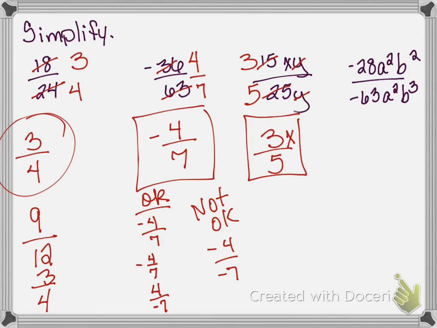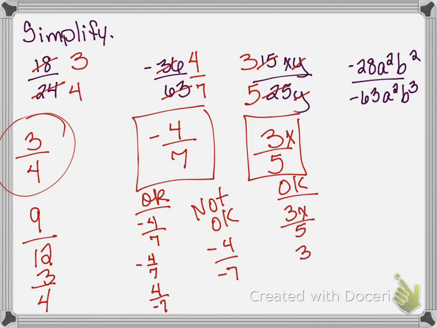The rules for the x are not the same as the rules for the negative. So in this particular problem, my x is in the numerator. It simplifies, and I am left with an x in the numerator. So it is okay for me to write the answer as 3x over 5.